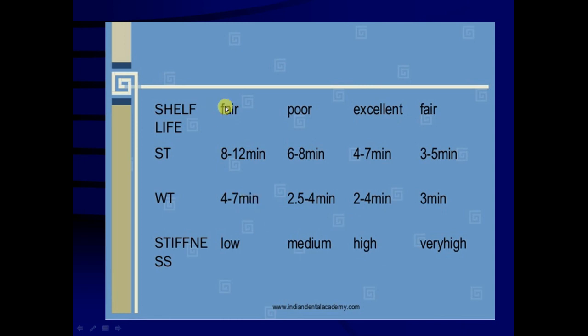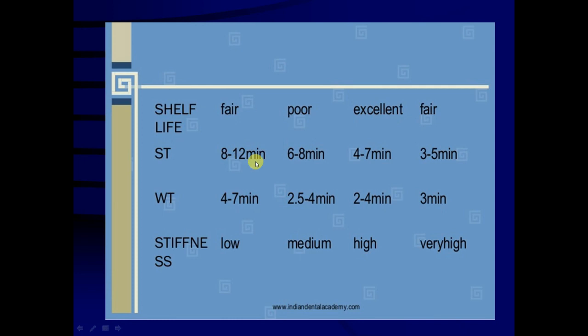Shelf life: polysulfides have the fair shelf life, condensation silicon have the poor shelf life, addition silicon have the excellent shelf life, and your polyethers have the fair shelf life.